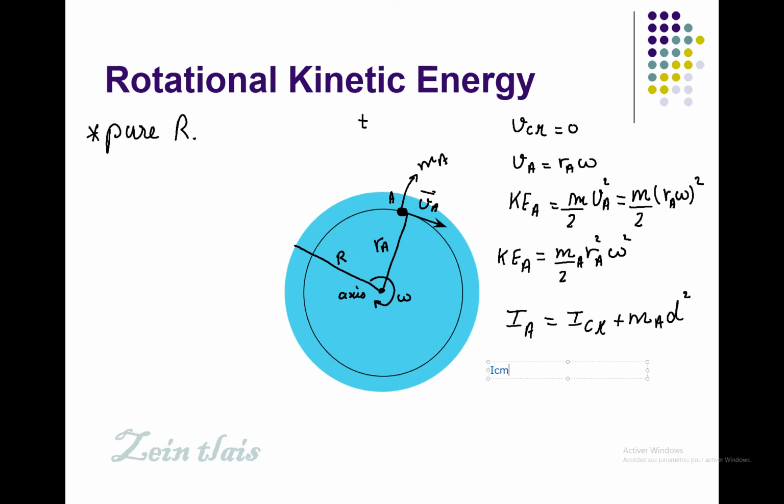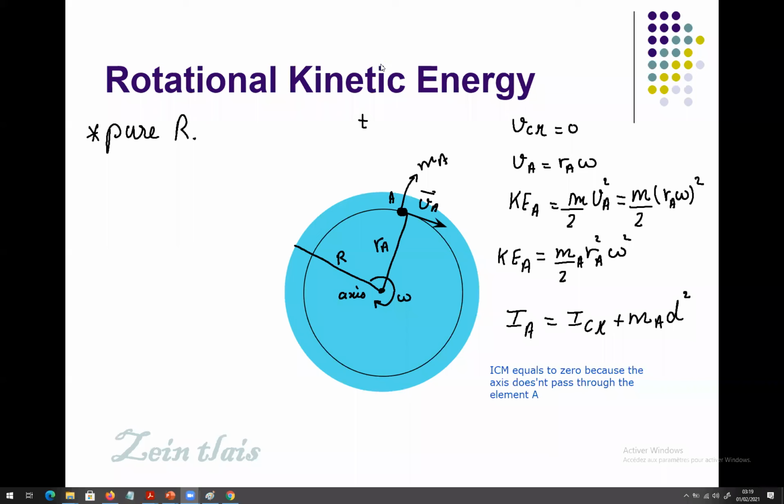This one has a mass MA. The axis is here. So we can say directly ICM equals to 0 because the axis doesn't pass through the element A. So here we can eliminate ICM, and d is the distance between the axis and the mass equals to RA, okay?